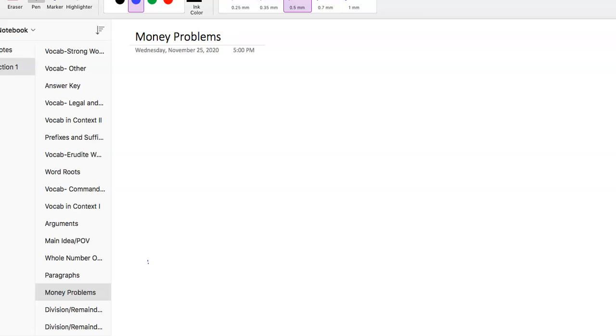So if you get paid $10 an hour normally, time and a half is 15. 10 times 1.5 is 15. That's the time and a half concept.